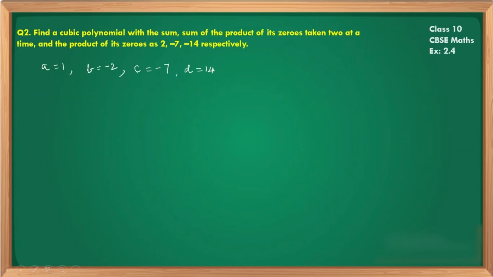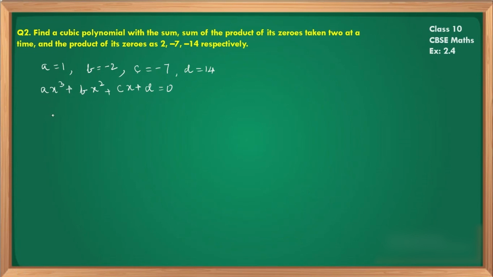Now we continue. The general format is ax cube plus bx square plus cx plus d is equal to 0. This is the general form of the cubic polynomial. Now wherever we have a, we put 1.